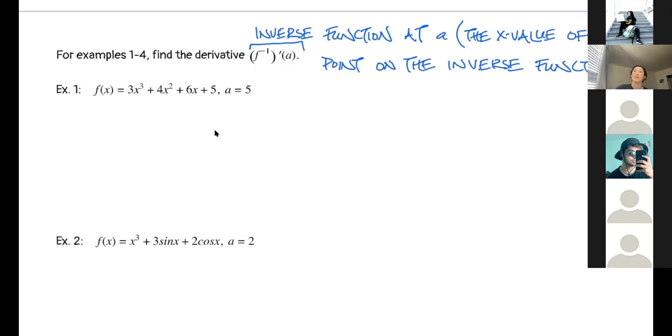Anytime you see a, that is the x value of a point on the inverse function.